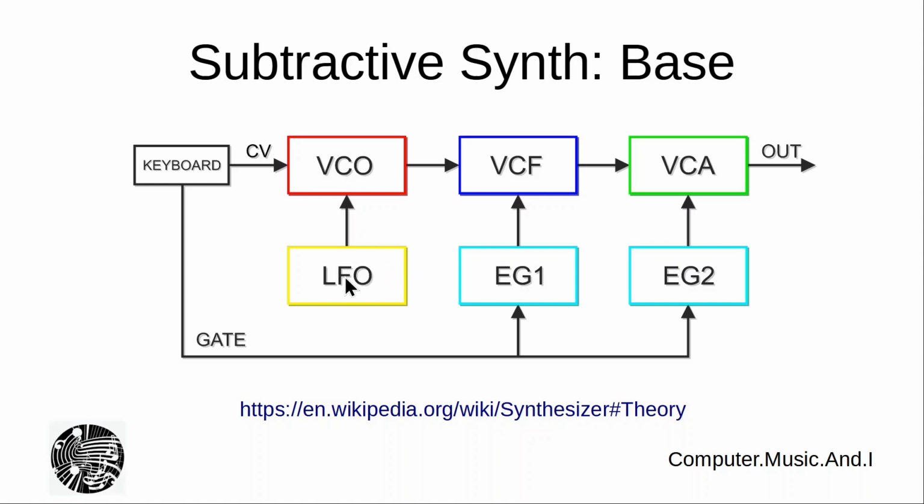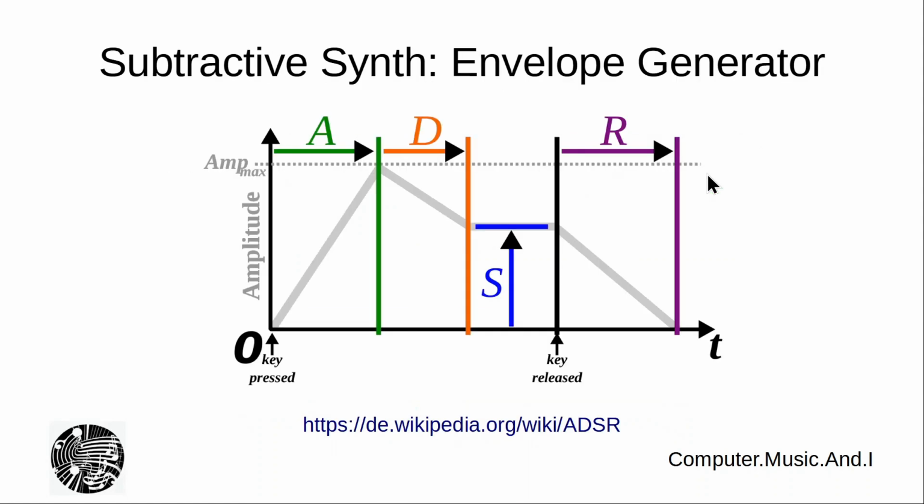So here we've got an oscillator, and the second type of modulator that is very common is a so-called envelope generator. These envelope generators are basically function generators. They generate a function over time, and they might control the filter or the amplitude. A very common envelope generator is a four-phase function generator called ADSR.